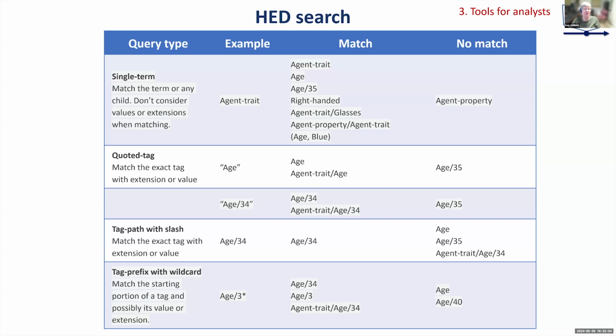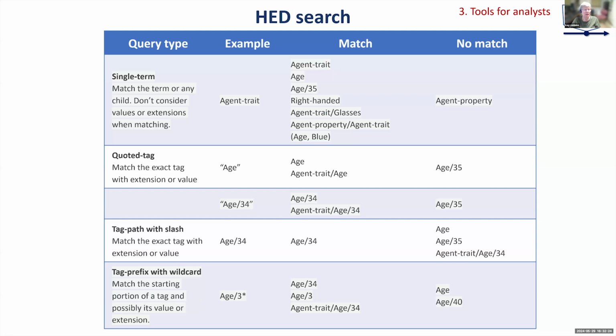And here I've grouped Age in blue, and that matches. Now, if you put double quotes around Age, then it requires an exact match. So it will no longer match Age/35 because that's not an exact match.